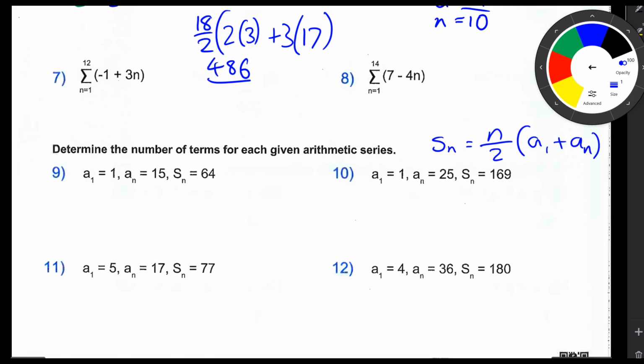Okay, first number plus last number, A1 plus An. Okay, and here they've given us A1, our first number, An, our last number, and the sum of the sequence.